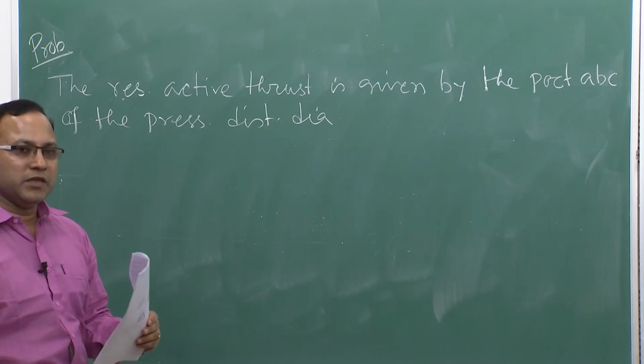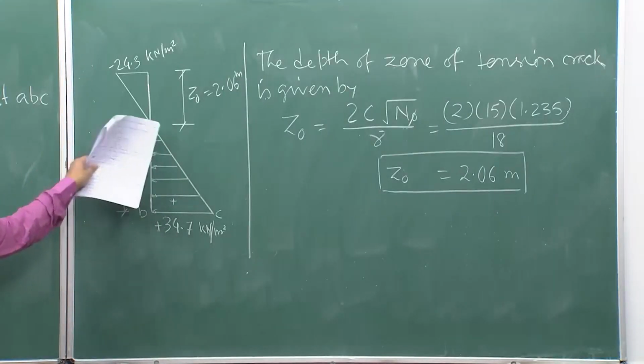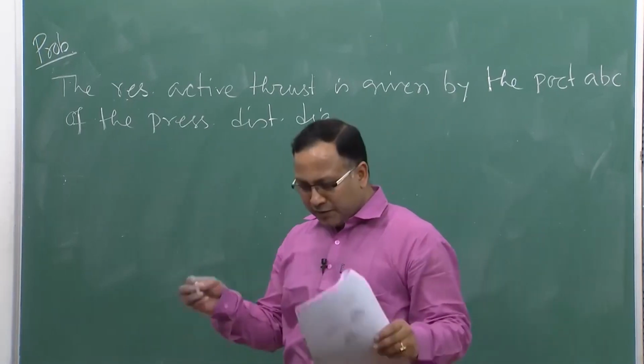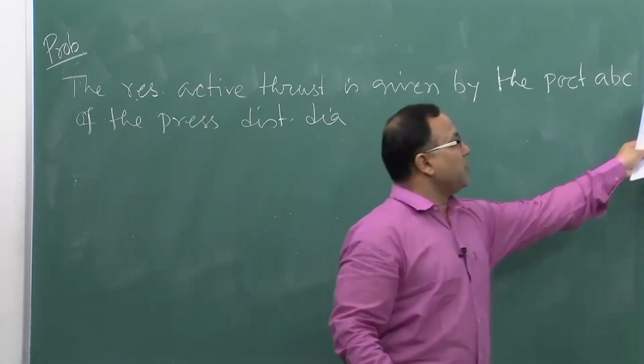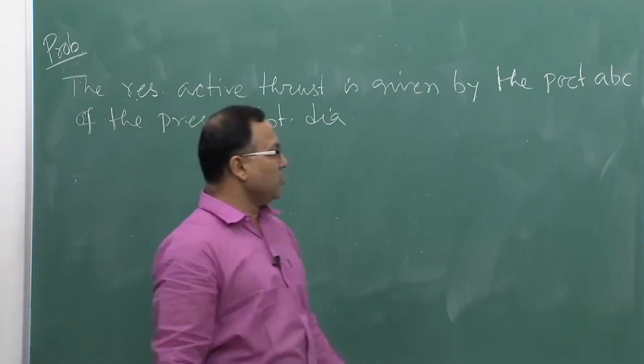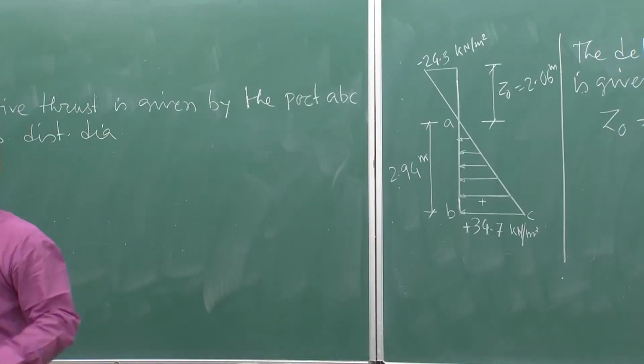Already we considered that this is the total resultant active thrust which is acting on the wall. If we have the tension crack, then this part will be completely ignored, right. So, once this part is ignored, this whole area will be acting as the total thrust on the wall.